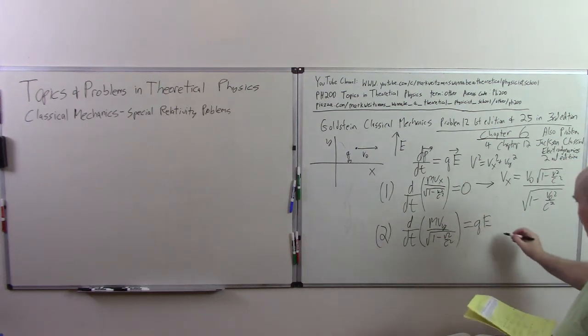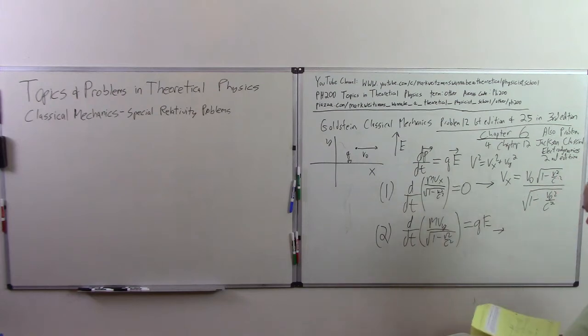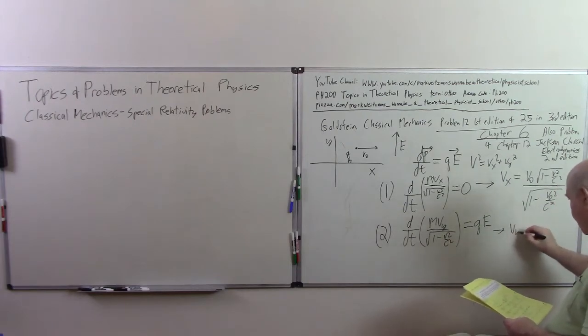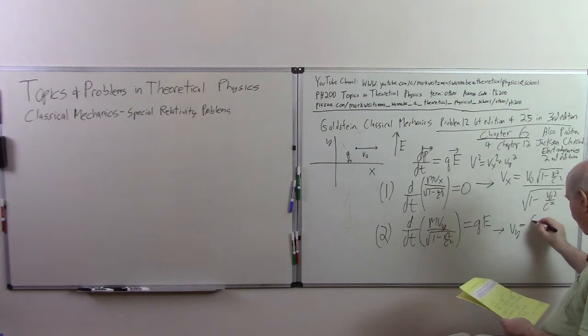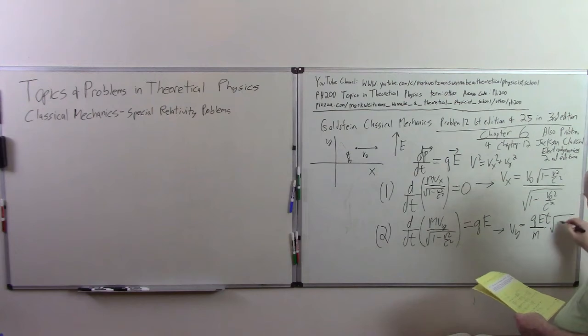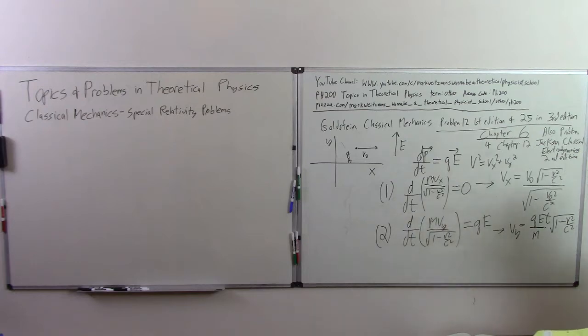So this equation implies that vy is equal to qEt over m times the square root of 1 minus v squared over c squared. Again, we can check it at time t equals 0. This is 0, which is correct for the y component. And again, it's implicit because this includes vx squared and vy squared.